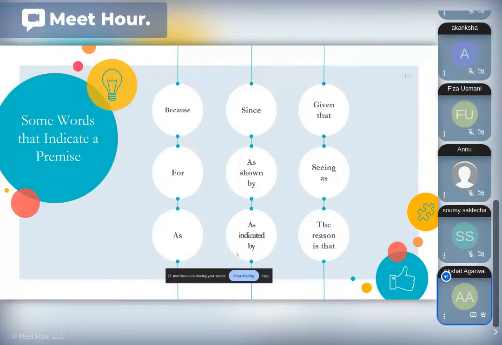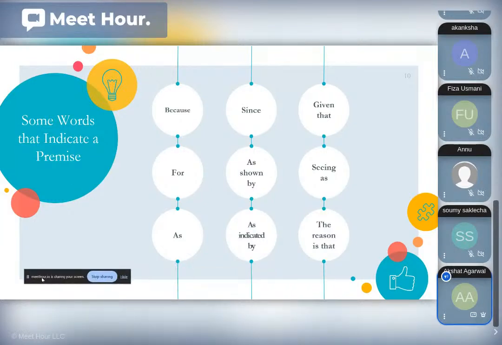So these are the words for a premise. And whenever you go back home and try solving any sectional test or mock, or reading any passage in the future, try to spot these words. I'm sure they will improve your understanding of that passage.